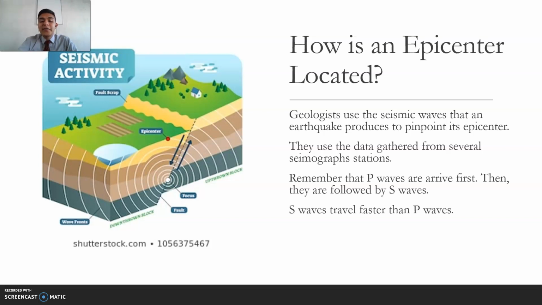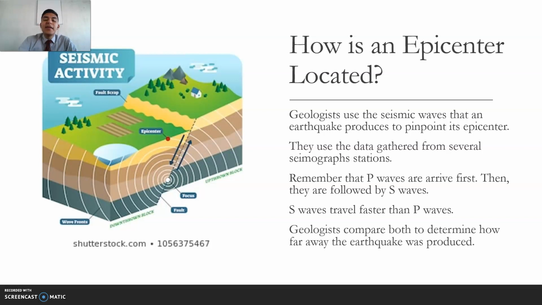And S waves travel faster than P waves. That's something very important to notice as well. And even though S waves are produced after P waves, we feel them almost right after each other, because S waves are going to travel way faster than P waves. And geologists compare both to determine how far away the earthquake was produced.